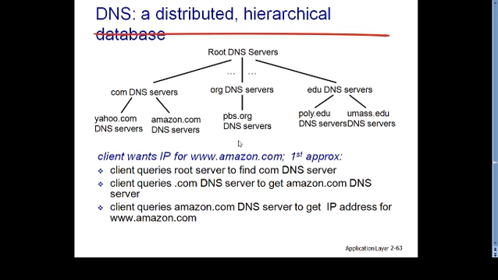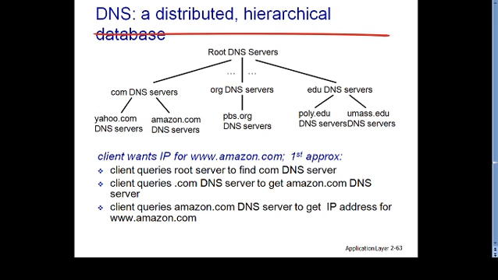You can see an example mentioned in this slide, that if a client wants the IP address of this web server, www.amazon.com, the client queries about the IP address for this name.